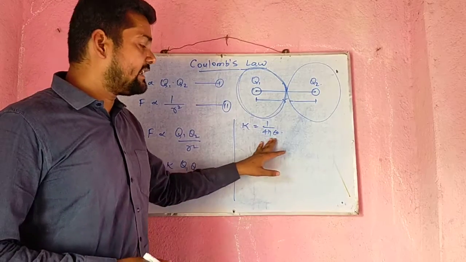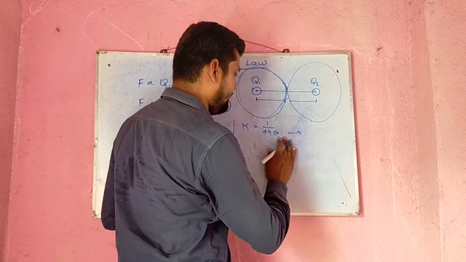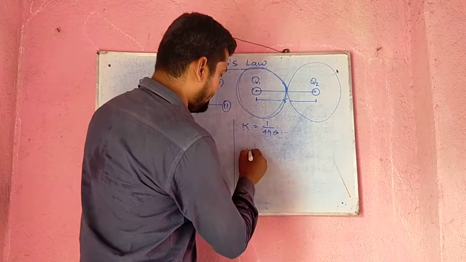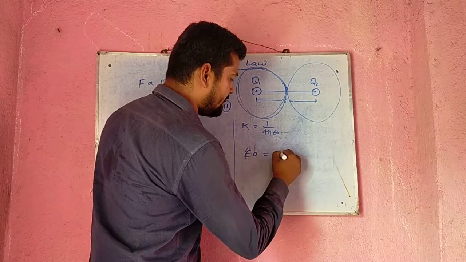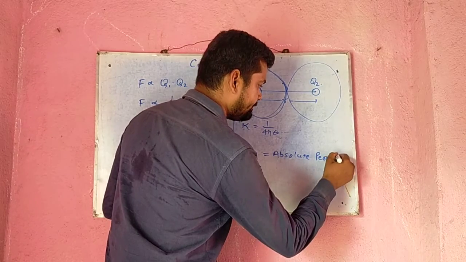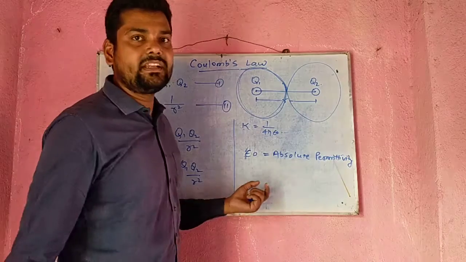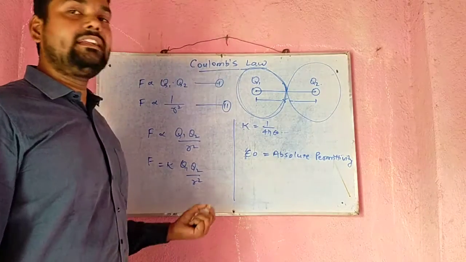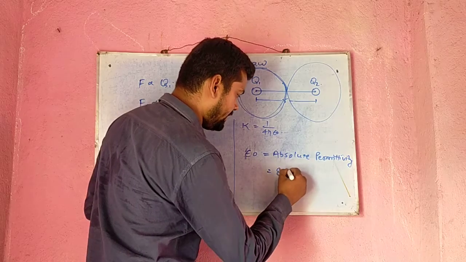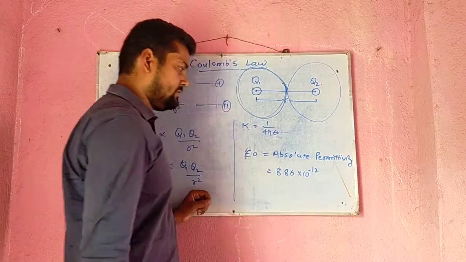So the case is this: epsilon naught is the absolute permittivity. If it is absolute permittivity, it definitely has some value, that is 8.86 into 10 to the power minus 12.